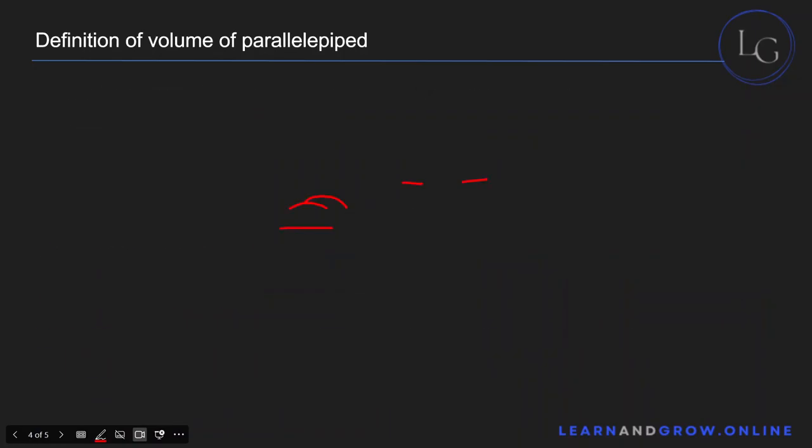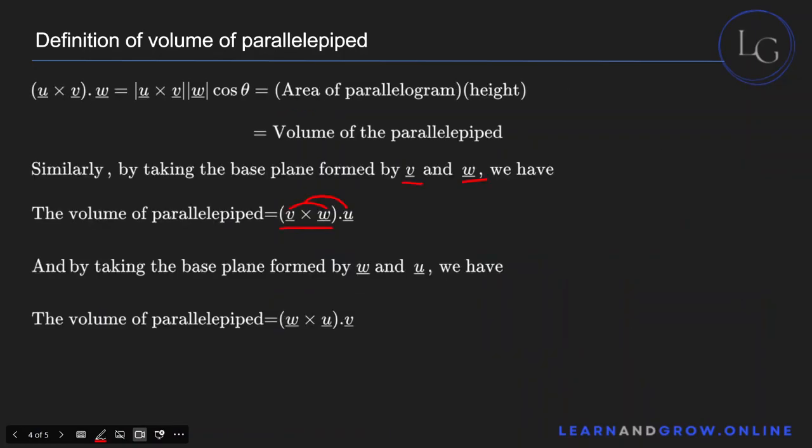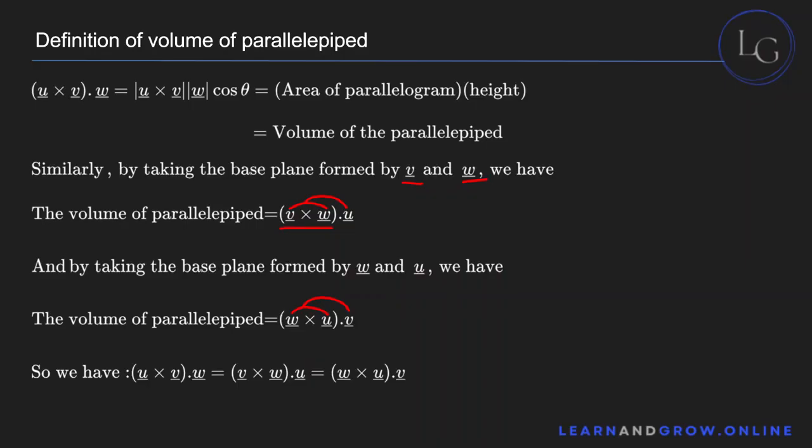So in that case, you take the cross product of the vectors that form the base, w and u, and then you take the dot product of the resultant with v. So these are the three ways in which you can basically find the volume of the parallelepiped formed by u, v, and w.